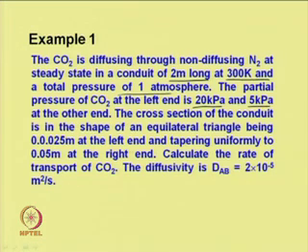The cross section of the conduit is an equilateral triangle of side 0.025 meter at the left end and tapering uniformly to 0.05 meter at the right end. So, we have to calculate the rate of transport of CO2, and the diffusivity between A and B, that is CO2 through nitrogen, is given as 2 into 10 to the power minus 5 meter square per second.